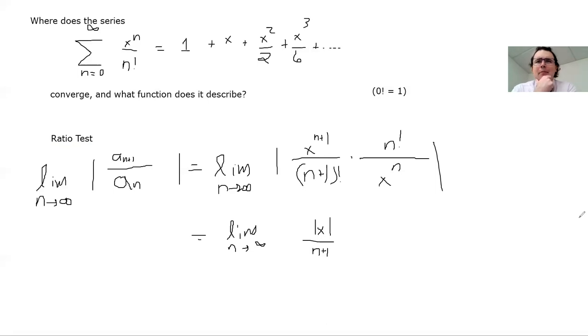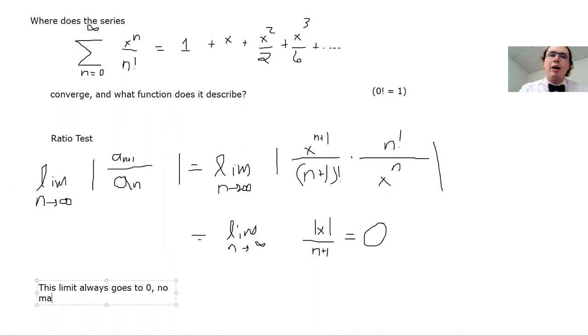So it doesn't actually matter what value of x I pick. This limit is going to 0. So this limit always goes to 0, no matter what x is.